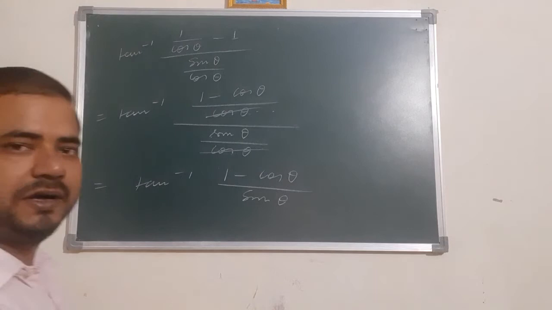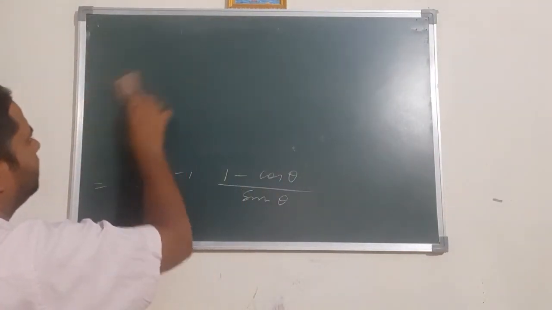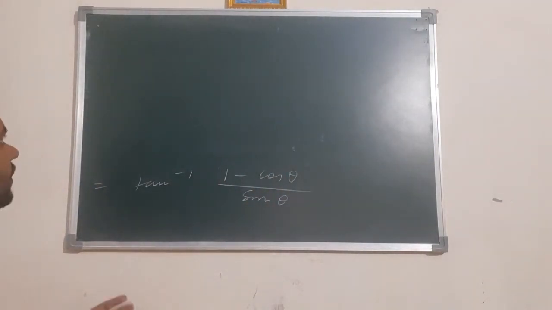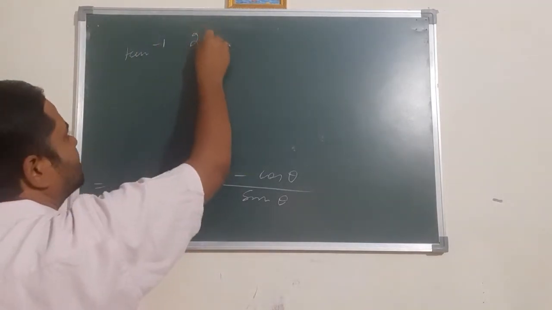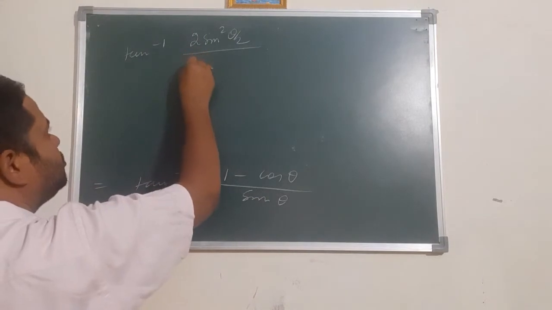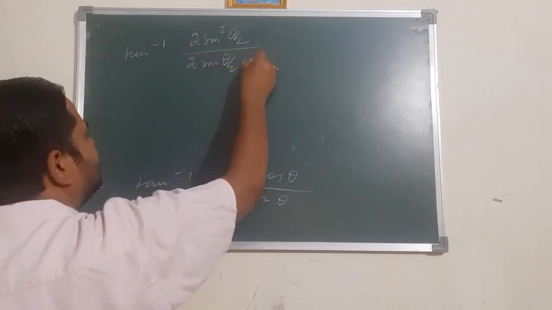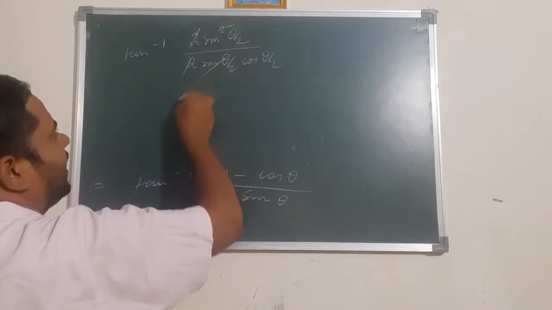Okay, you may have completed this one also. Now, change in half angle, you will have tan inverse of 2 sin squared theta by 2 divided by 2 sin theta by 2 and cos theta by 2. 2 cancelled out, sin cancelled out.